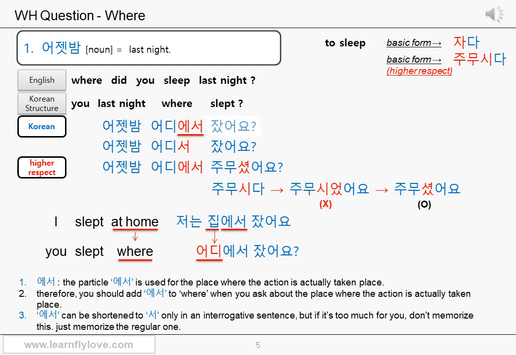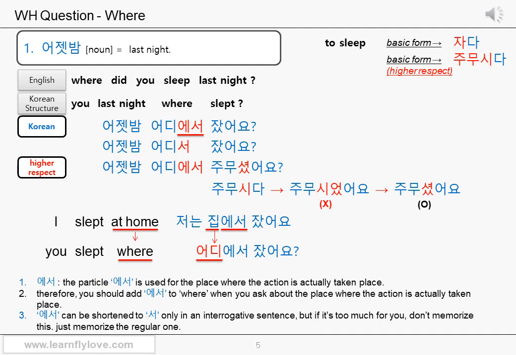Slept. The past form of 자요 is 잤어요. And a question mark. 어젯밤 어디에서 잤어요? Let's take a look at the next one. 어젯밤 어디서 잤어요? This time, the 에 sound has gone from the particle 에서.